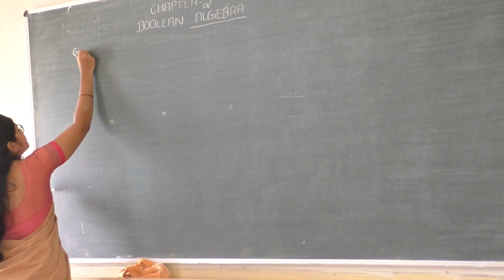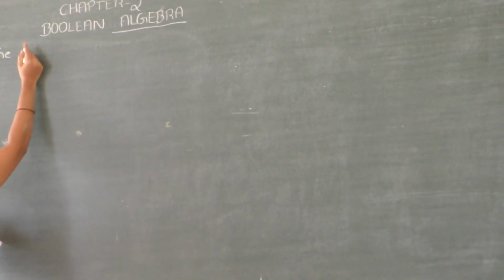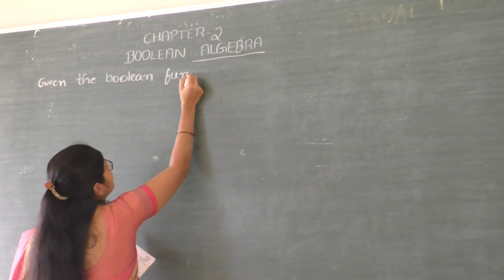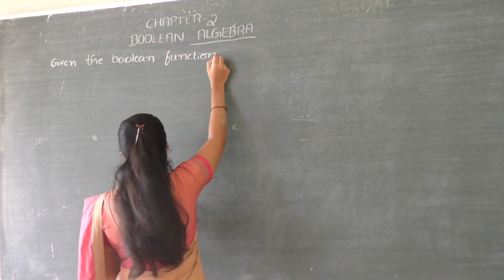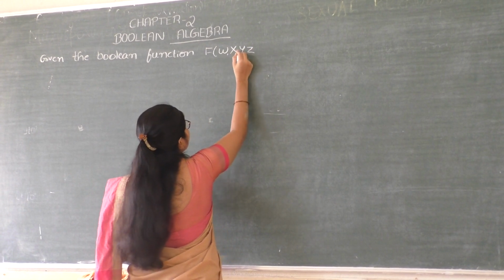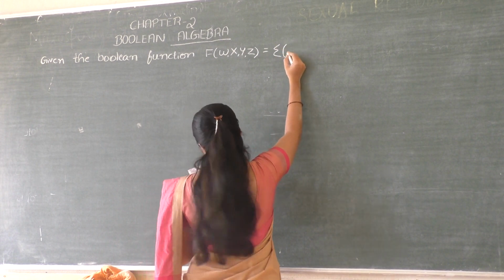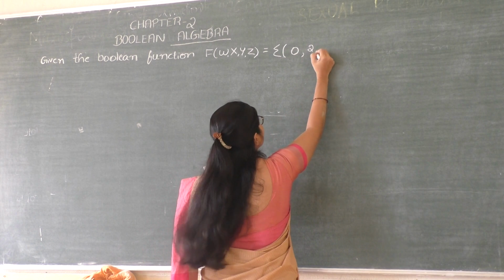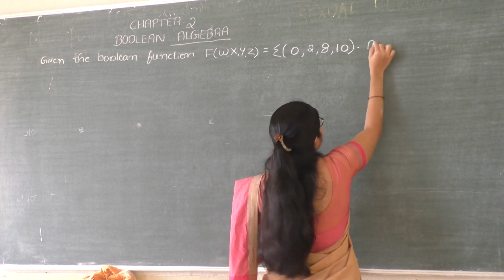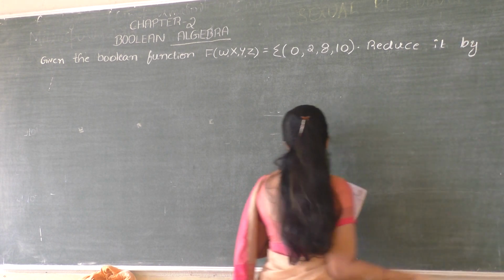Given the Boolean function f of w, x, y, z is equal to sigma of 0 to 8, 10. Reduce it by using K-map.